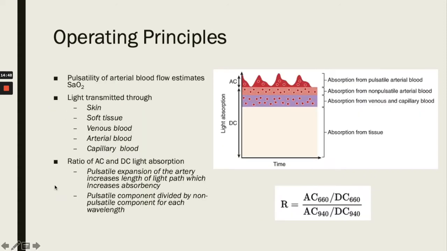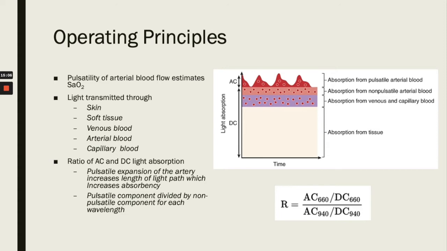Okay. So when we're looking at how a pulse ox actually measures our O2 saturation, it depends on the pulsatility of the arterial blood flow, and that is really what estimates the SaO2.